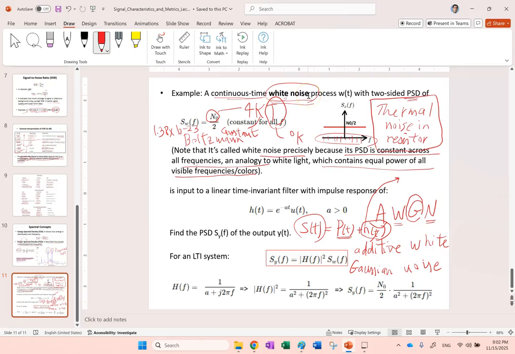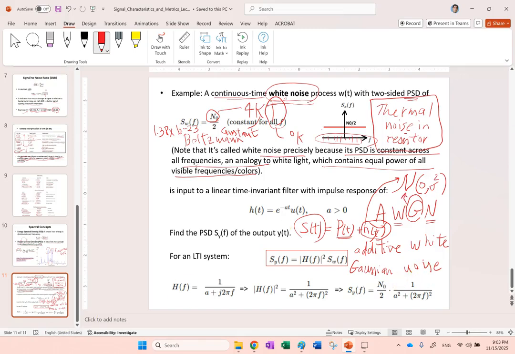They could be an arbitrary distribution for the amplitude in N. But if it's Gaussian noise, the amplitude distribution in N will follow a normal distribution with an average of 0 and a standard deviation of sigma squared. So the amplitude distribution will be Gaussian.